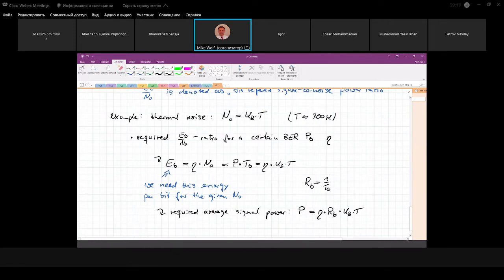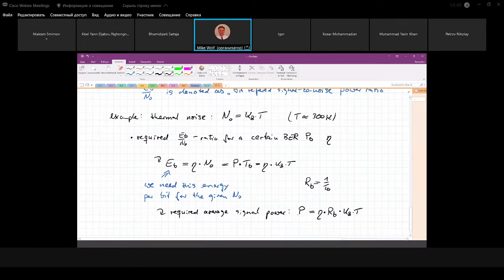And now we can fill this with numbers. The Boltzmann constant is a constant. Temperature is, for instance, 300 degrees. Now we insert a certain bit rate, and you see, if I linearly increase the bit rate, I have to increase the signal power also on the same linear scale.